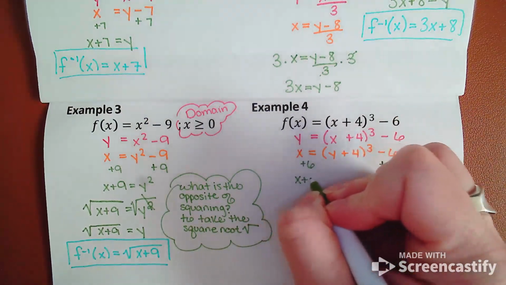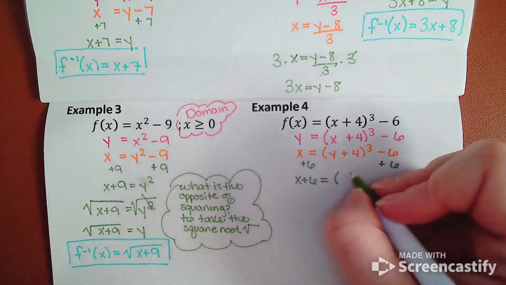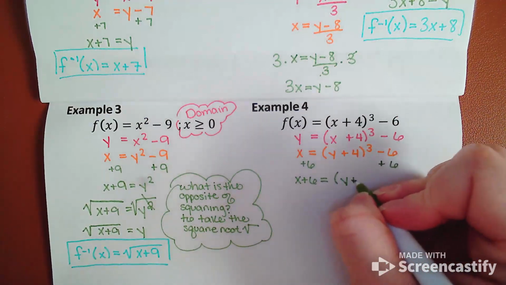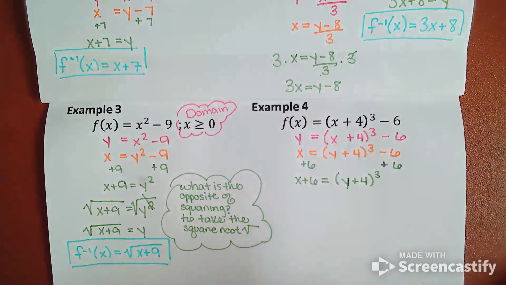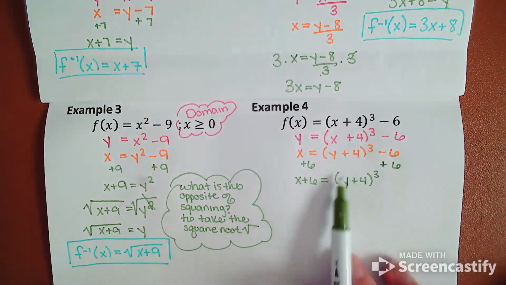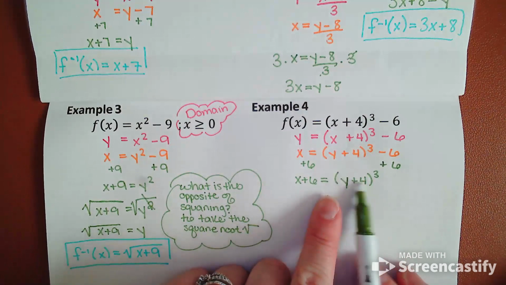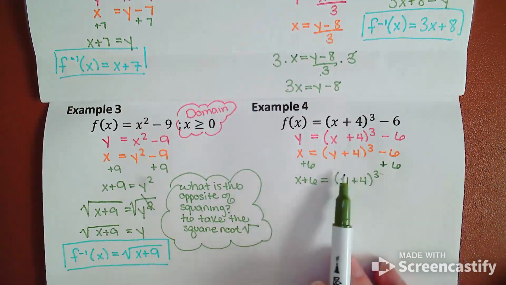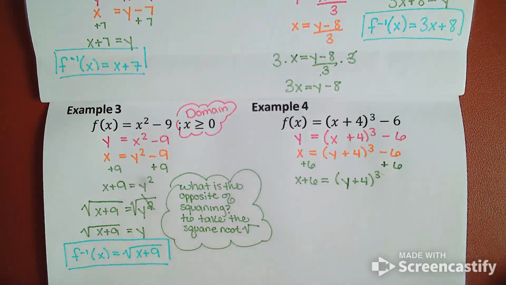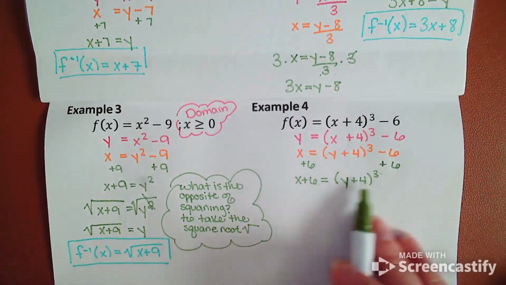That gives me x plus 6 equals the quantity y plus 4 cubed. Now, I cannot undo this plus 4 until I've undone the group. This whole group is cubed. So what do you guys think is the opposite of cubing?